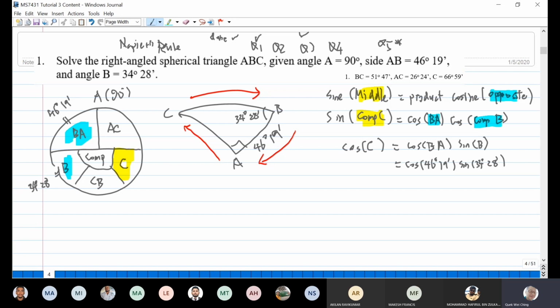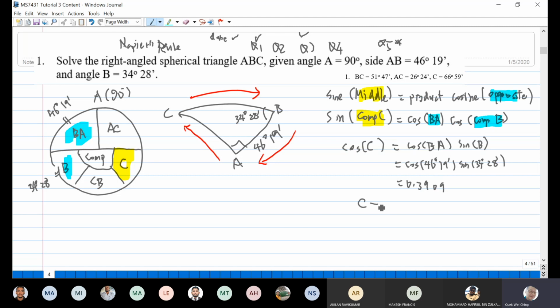This cosine times sine 34 degrees, 28 minutes. So multiply them, 0.3 and 0.9. Okay.